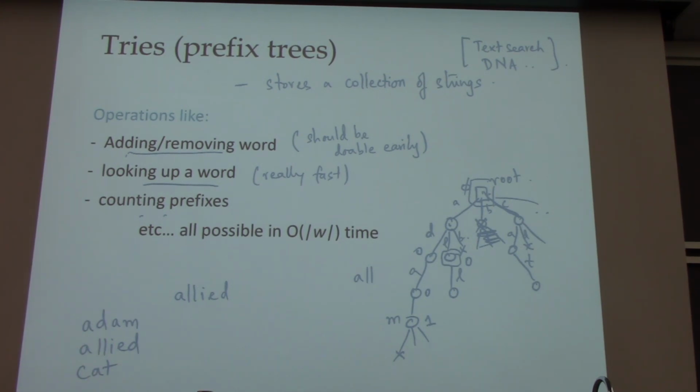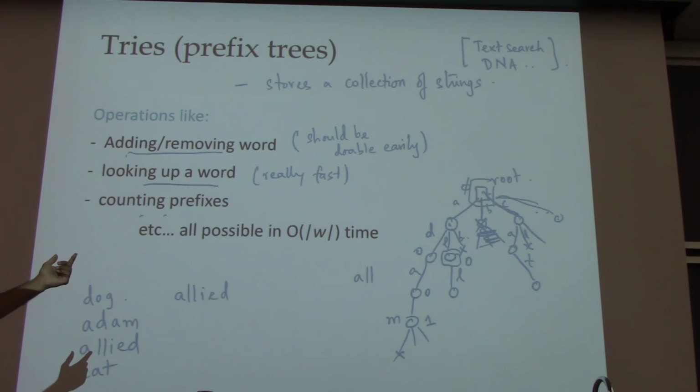Now if I want to add a word, how would you do this? You just go down the tree. Suppose I want to add dog. I start in the root, and I see the pointer to D is null.